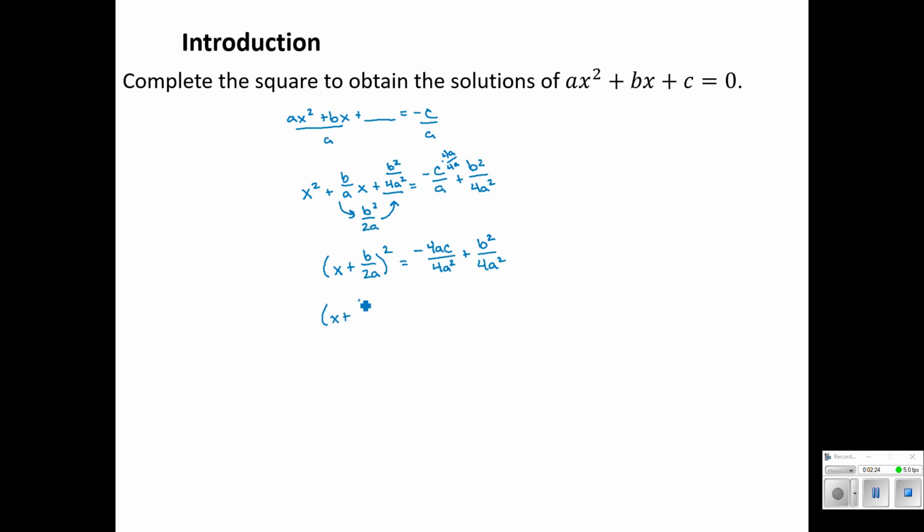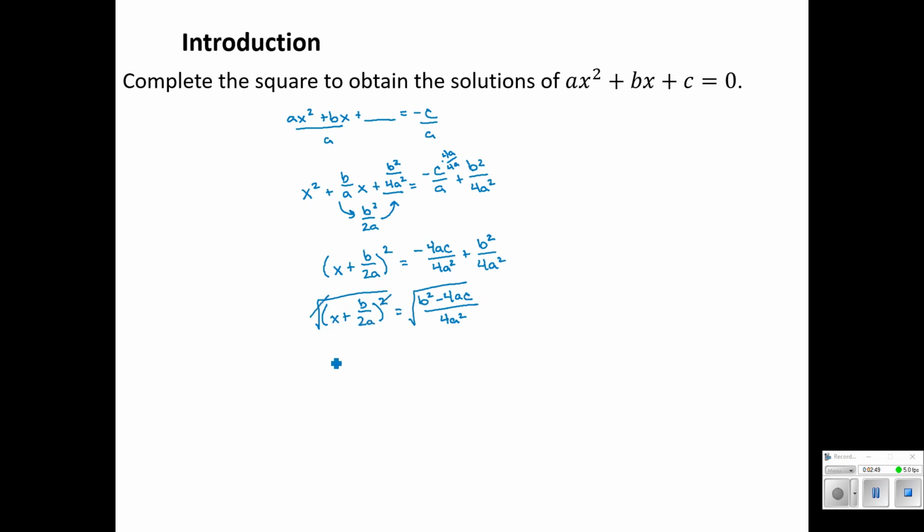All right, so we've got x plus b over 2a squared equaling, let's combine this together. I'm going to call this b squared minus 4ac all over 4a squared. And that's just to have the positive number first. That's all, just organization. And now we're ready to take the square root of both sides.